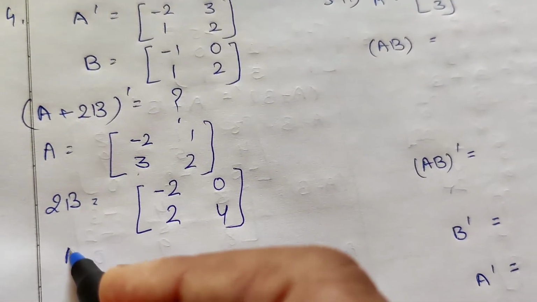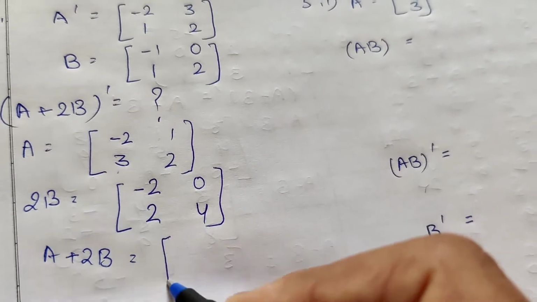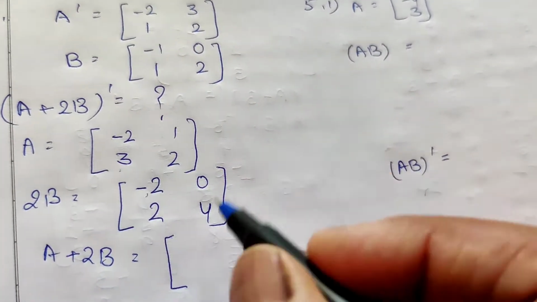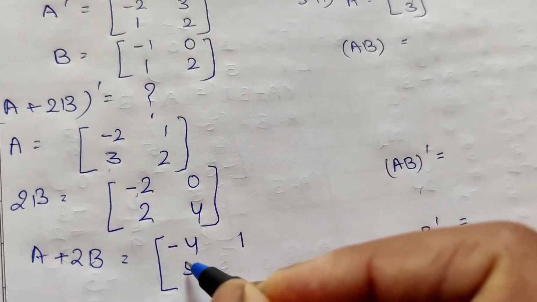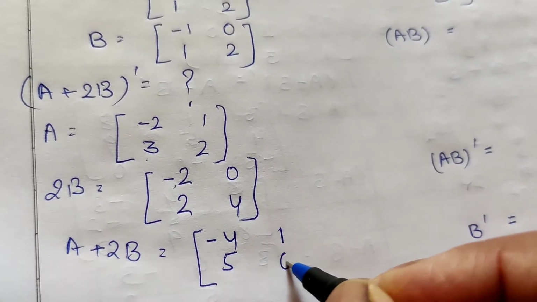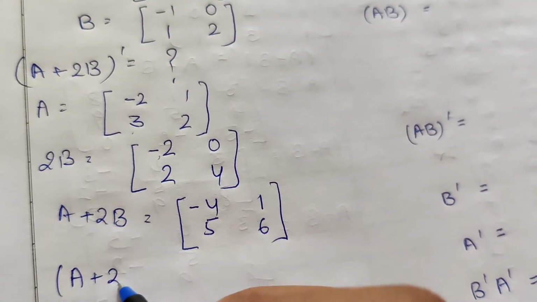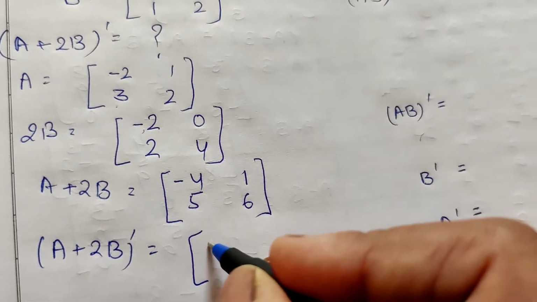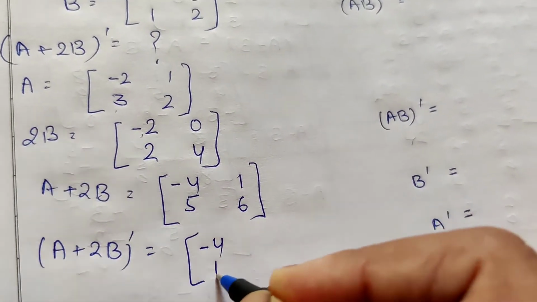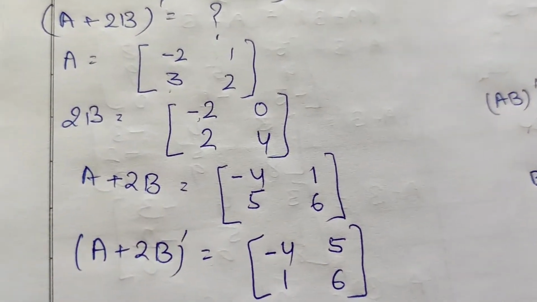Now add A plus 2B. Minus 2, minus 2, minus 4. 1 plus 0, 1. 3 plus 2, 5. And 4 plus 2, 6. And the transpose of A plus 2B, just interchange: minus 4, 1, 5, 6. Simple.